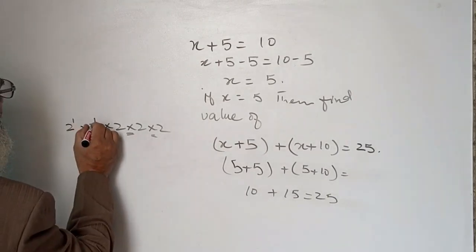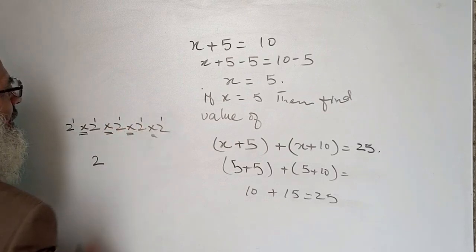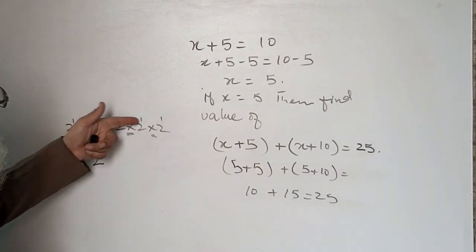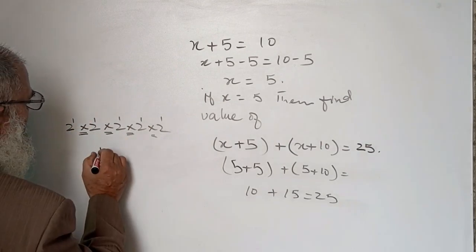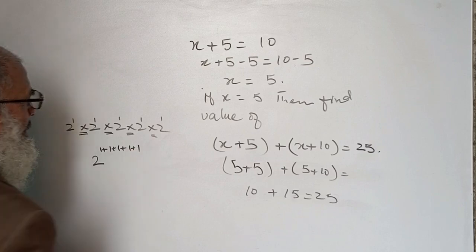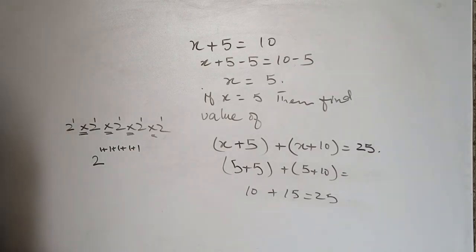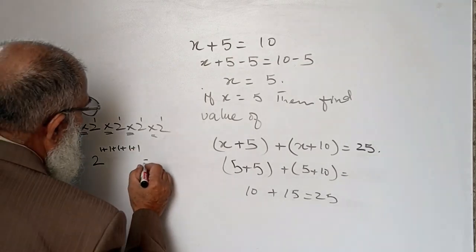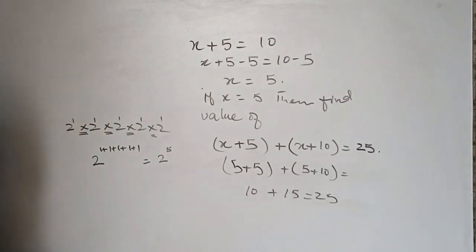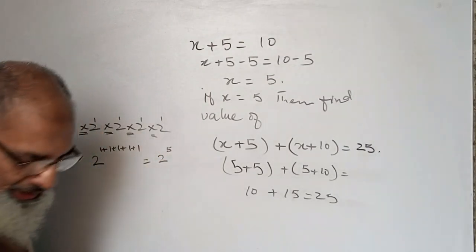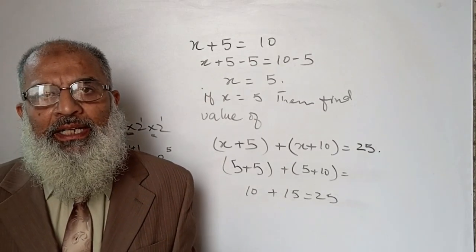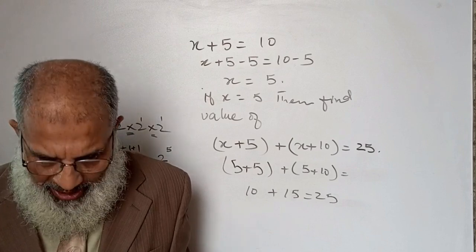And you know that all the 2's carry 1 power. So we just add all the powers together, and we write it in this form. Okay, so this was the indices, power and indices.